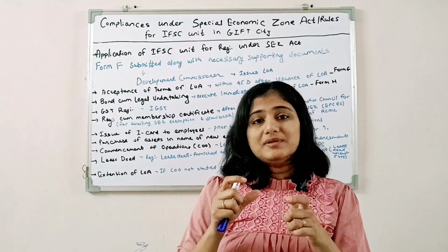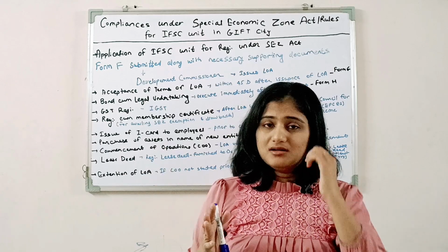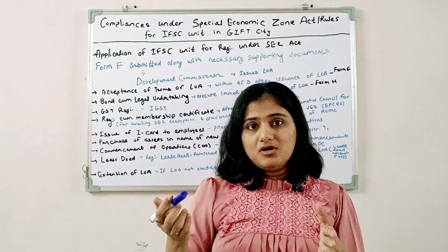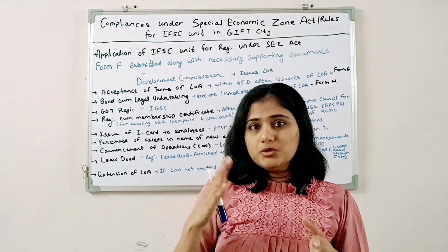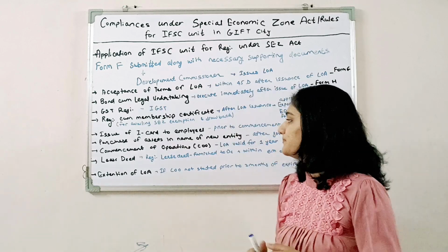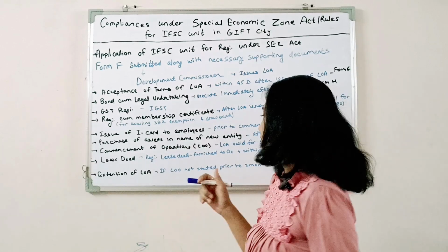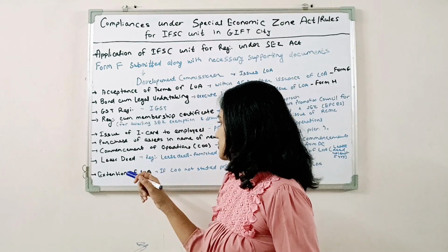And this certificate shows that the Development Commissioner in their records has taken note that the unit has commenced the operations. So this is very important to take the commencement certificate from the Development Commissioner.